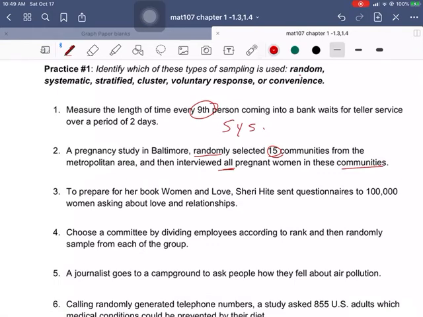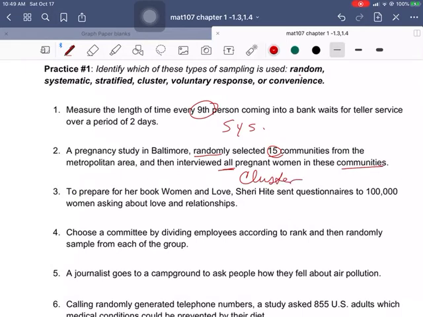So think about it. The subjects are grouped into communities. We have all these communities. You pick 15 of these groups, and then you're choosing to talk to everyone in these 15 communities. So grouped first, chose your group, and asked them all is a cluster.